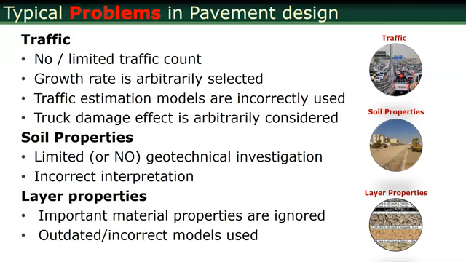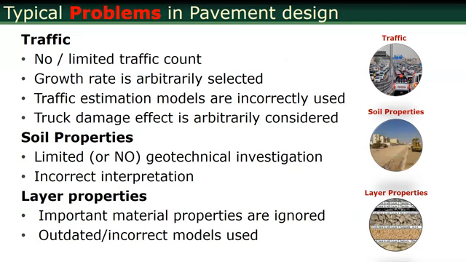So anyway, important material properties are also ignored, like viscoelasticity of the asphalt layer, and very outdated, incorrect models are used. What do I mean by important material properties? There are fundamental issues here. Remember yesterday we talked about layer coefficient versus climate.